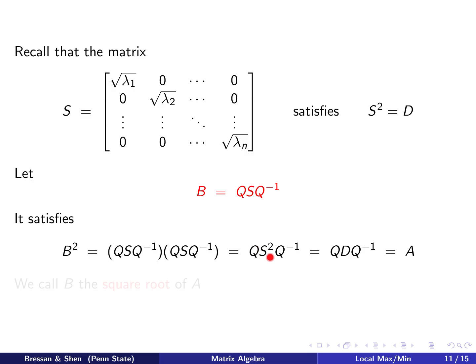And S squared is just the matrix D. Then we see that this exactly gives us A, because Q is the orthogonal matrix that diagonalizes A. So we have shown that B squared equals A, and therefore we call B the square root of A.